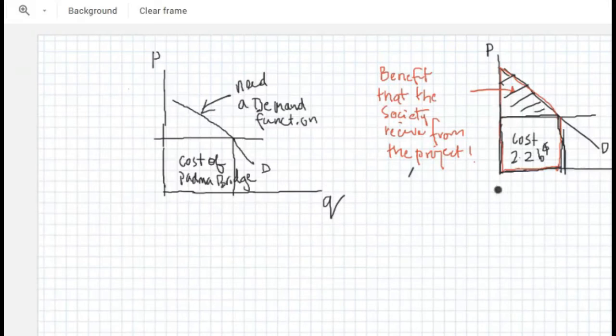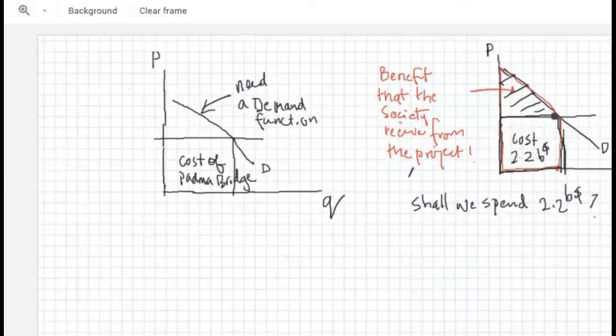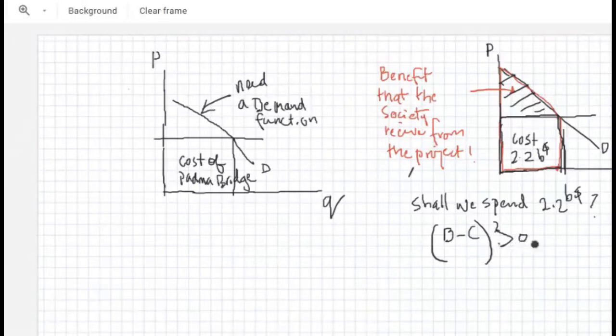But if I say, shall we spend $2.2 billion? Then the question is, we need to know what is the benefit minus cost, that is the number we want to see, because we want to see whether benefit minus cost is positive or not. That is what we're looking for. Is that clear to everyone? So we're technically looking for a concept which is called consumer surplus.